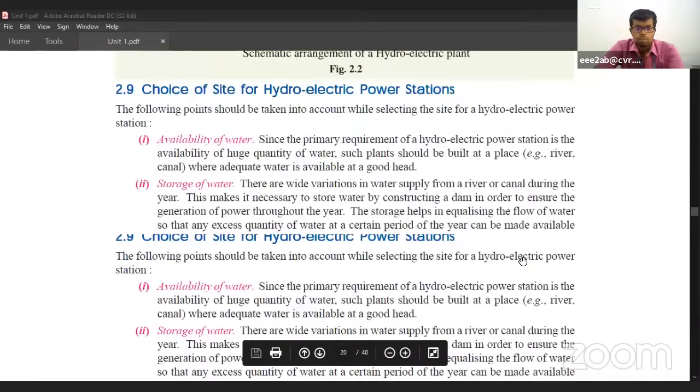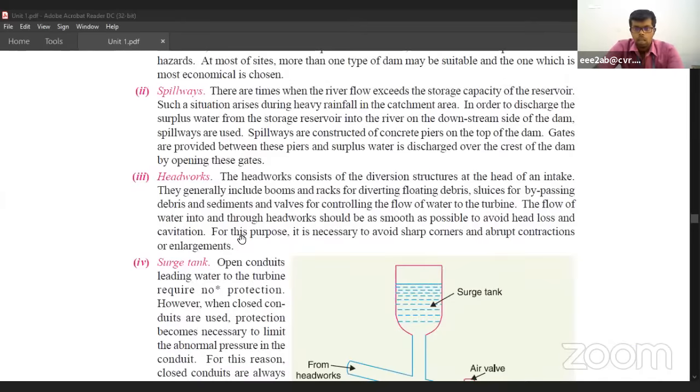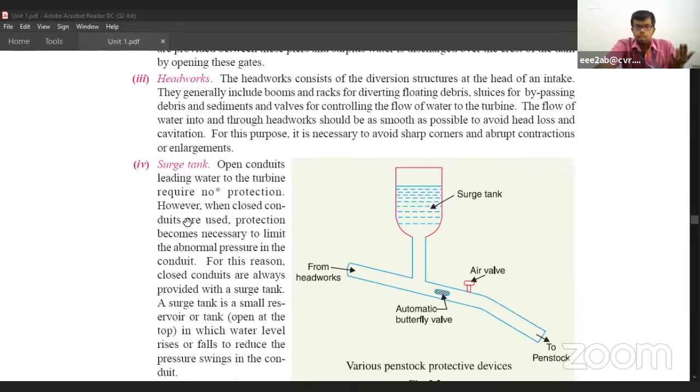In headworks we have seen how the waste, that is debris or some particles, gets sedimented. So we saw how spillways and headworks are constructed, and I've shown a practical example of a surge tank.